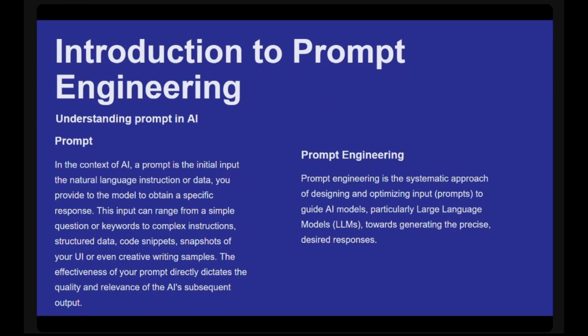The effectiveness of your prompt directly dictates the quality and relevance of the AI's subsequent output. So if your prompt is not structured, it doesn't have the details that an AI model might need, then your output is not going to be as you expected.